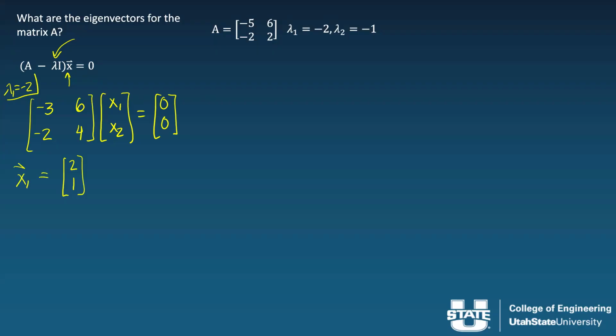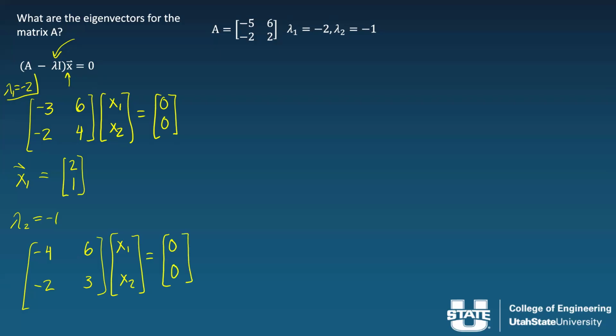And then our second eigenvector, very similar procedure. Right, we have -5, subtract -1, -2 minus -1 is 3. And again, what eigenvector, when multiplied, will give us the result 0, 0.